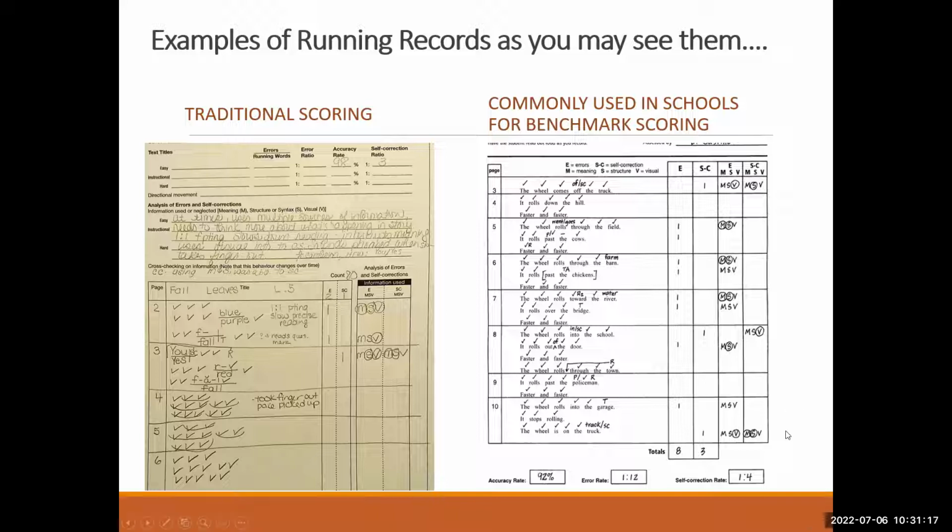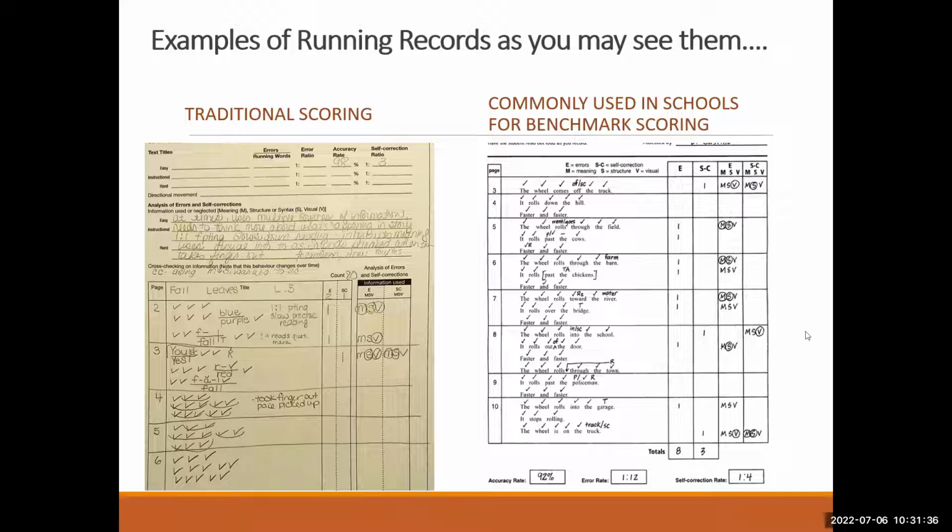And a true running record, the way Marie Clay developed it, doesn't even have a comprehension part to it, except informally if you ask the students some questions or informally ask them to retell. But it's not an actual part. It's not a goal of the running record to analyze comprehension.